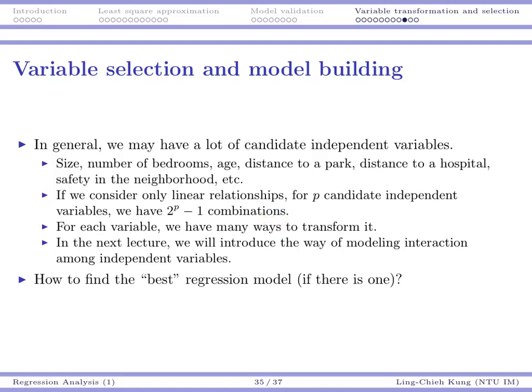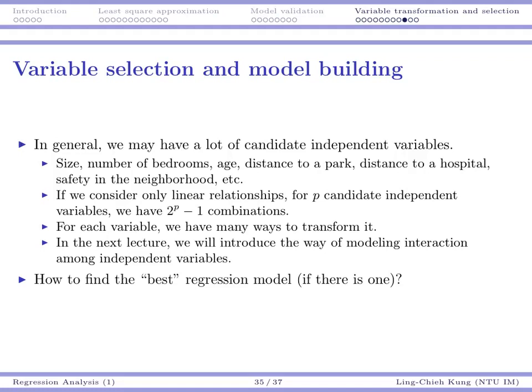We need to try so many different regression models to see which one is the best, right? Plus, for each variable, we have actually many different ways to transform it. And if you consider nonlinear relationships, actually the ways to transform a given variable are infinite.